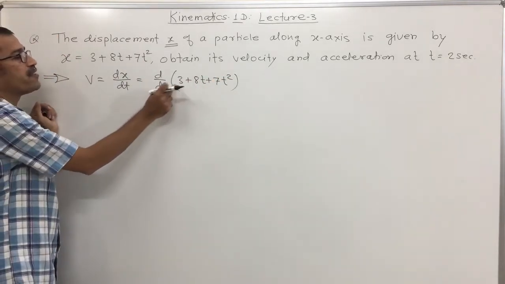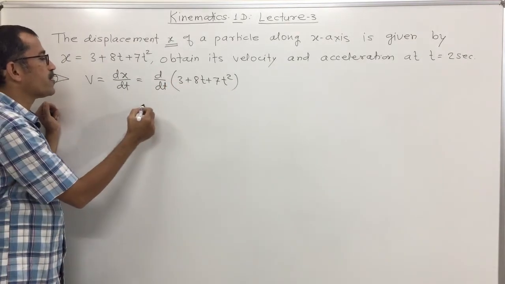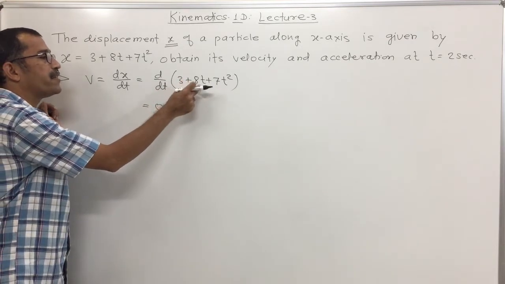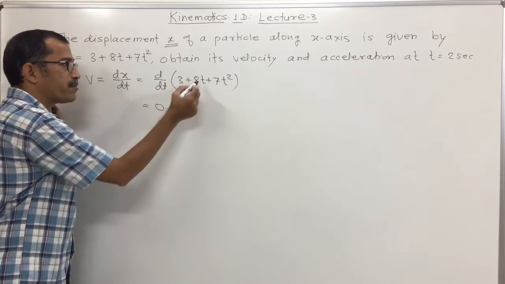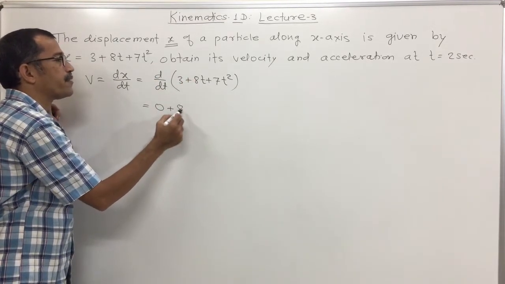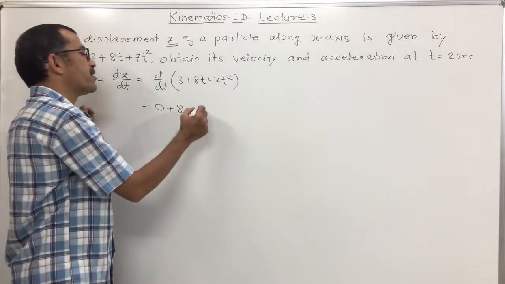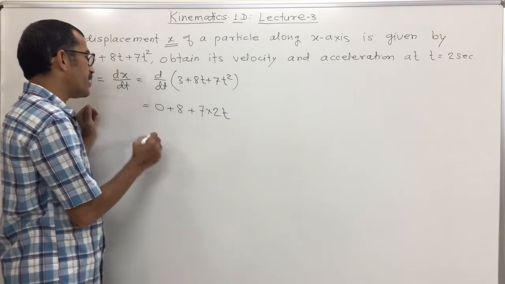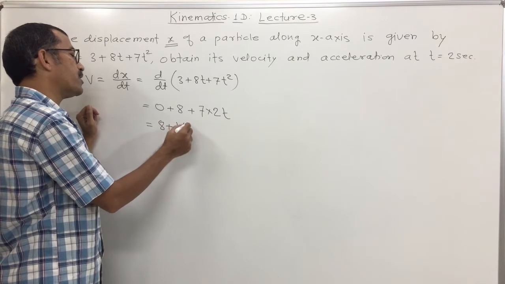What is the differentiation of 3? It is a constant term. Differentiation of a constant term is 0. Plus differentiation of 8t with respect to time t, so here 8, as differentiation of t becomes 1. Plus differentiation of 7t square is 7 into 2t. That means what you are getting here is 8 plus 14t.